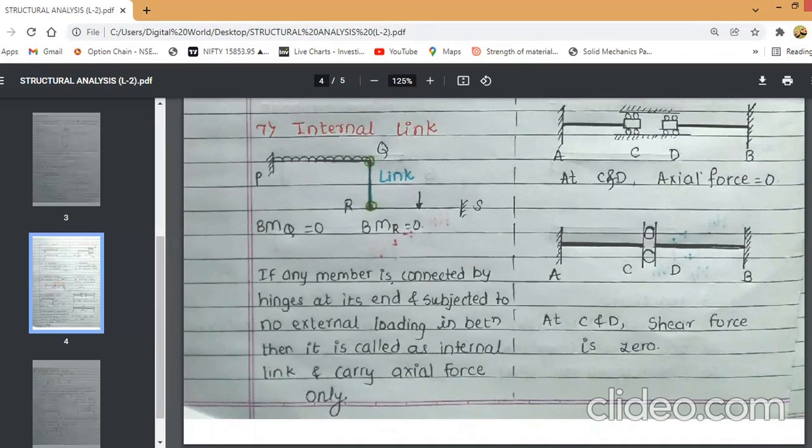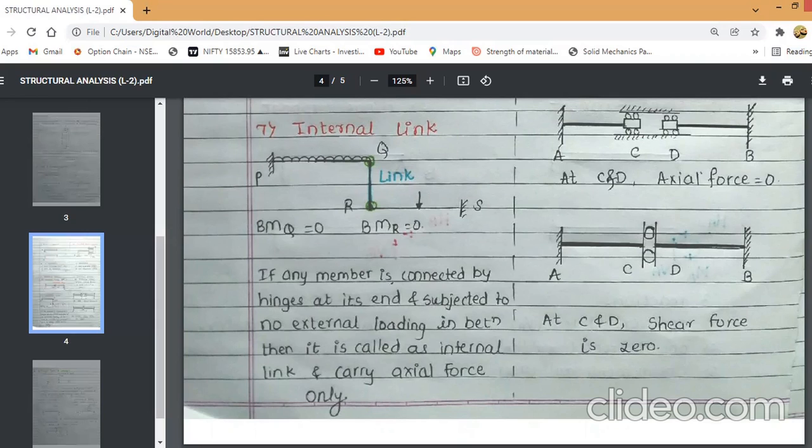Here, the QR is the link which carries only the axial force. Also, bending moment at Q is 0 and bending moment at R is 0.